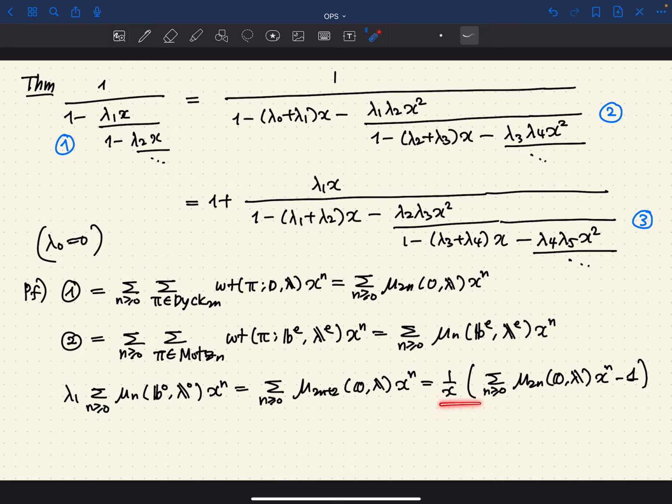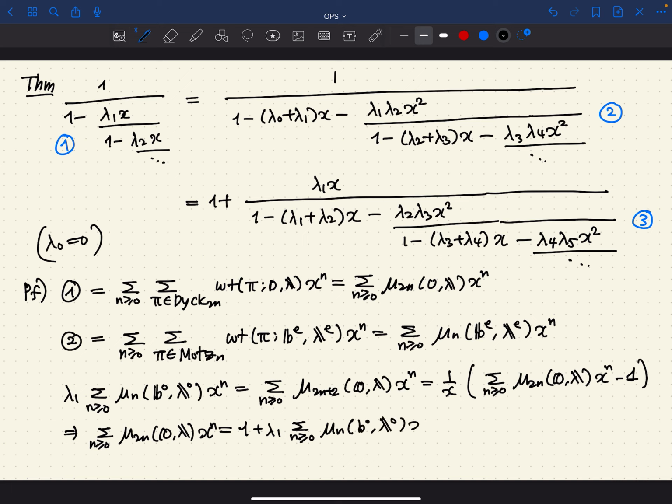So we can rewrite it this way, and then finally we get the sum over n of mu 2n equals, multiplying both sides by x and moving this, lambda 1 sum of mu n, b, lambda, x to the n. Sorry, x should be there.